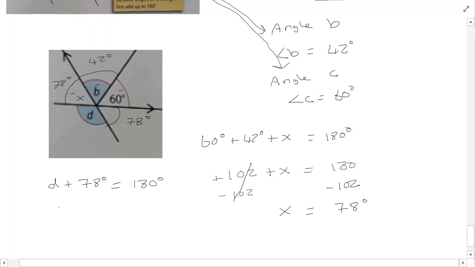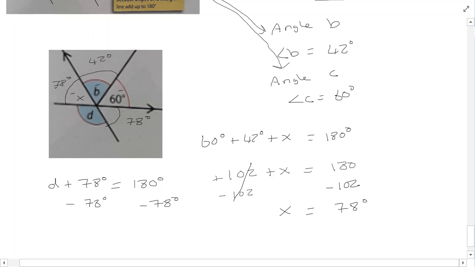What we want to do is get D on its own. So this is plus 78, and in order to get rid of the 78, we must minus 78. If we minus 78 from this side, we have to minus 78 from this side.